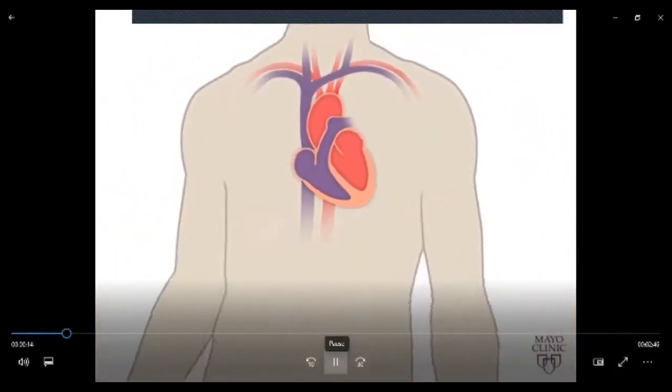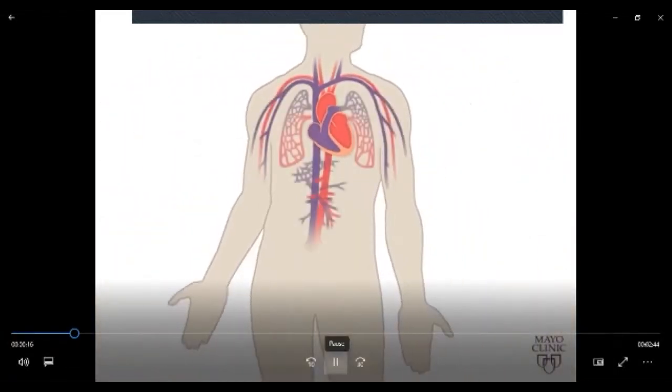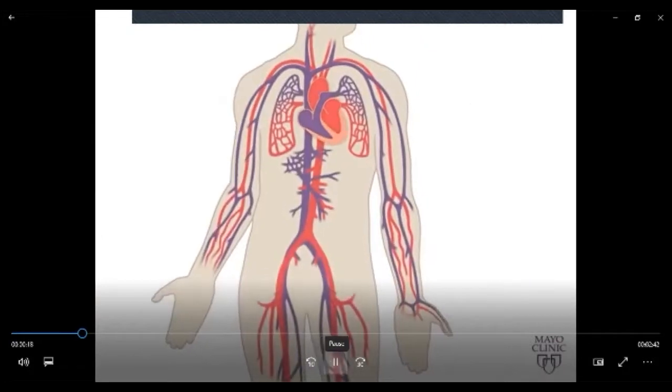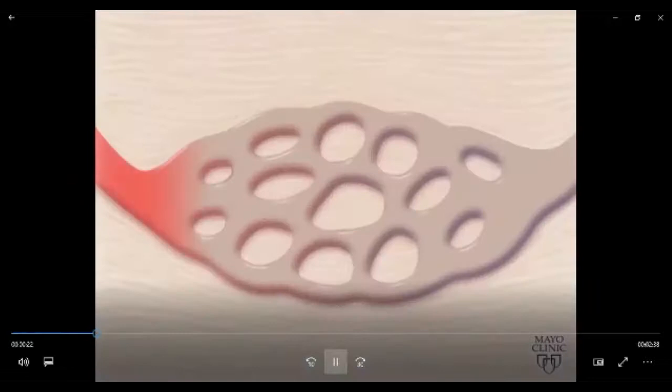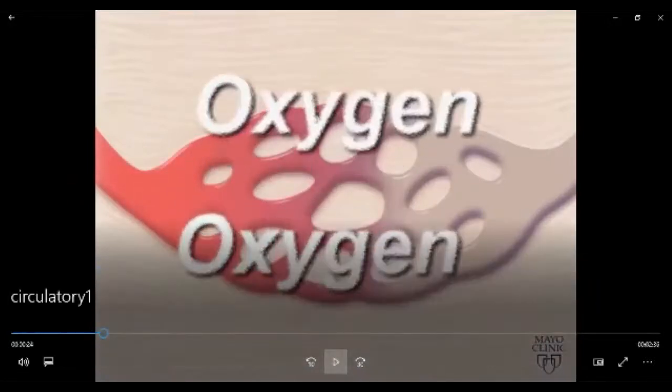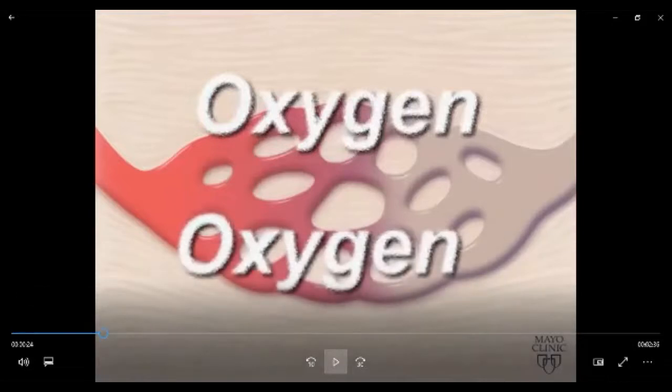This heart will pump throughout our body through capillaries, and in capillaries there will be the transition of oxygen, and after it's used by the organs, it will transport the carbon dioxide.